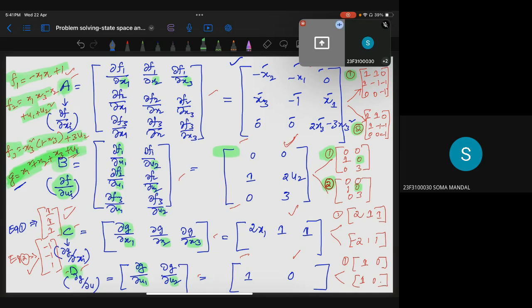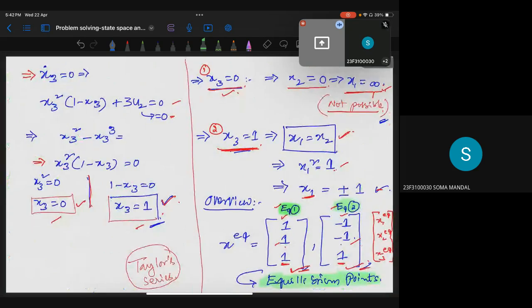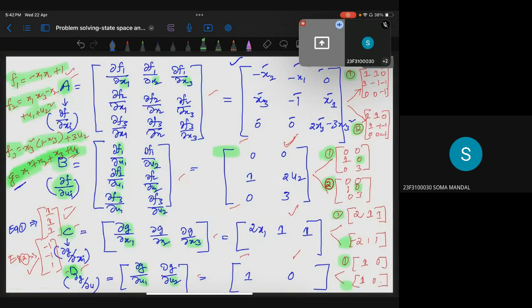This will be with respect to equilibrium 1, this will be with respect to equilibrium 2. Clear? Yes, sir. So for one equilibrium, you get one set of ABCD matrices. For another equilibrium, you will get another set of ABCD matrices.